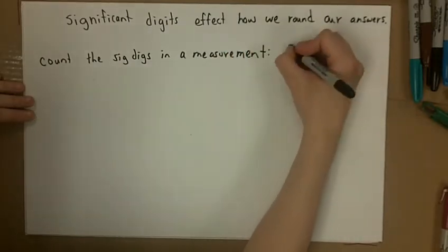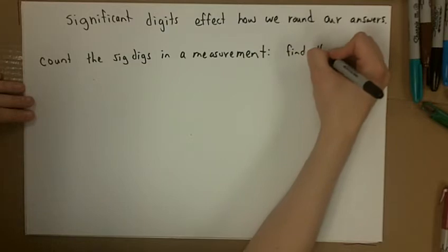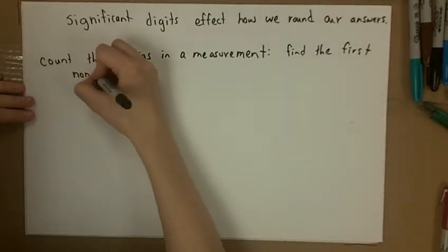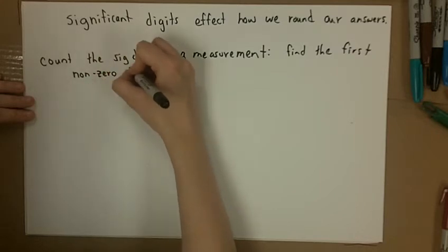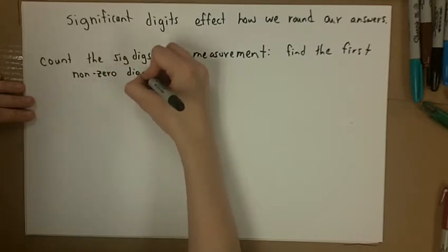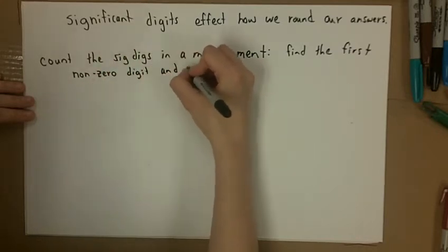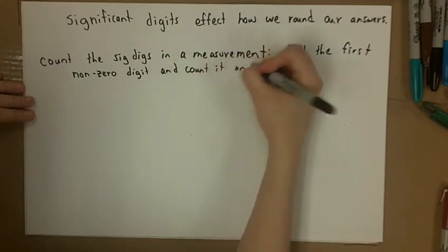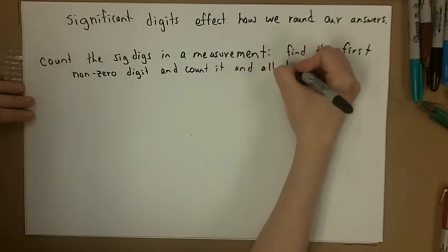To do this, you find the first non-zero digit and count it and all that follow.